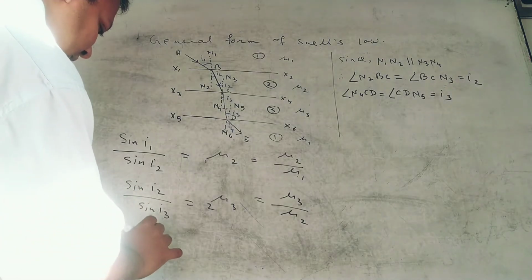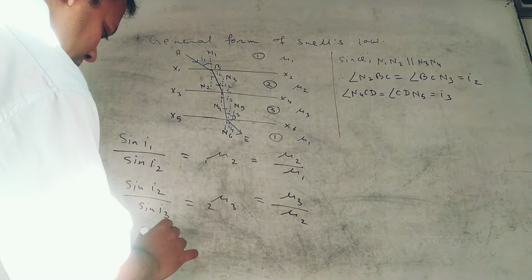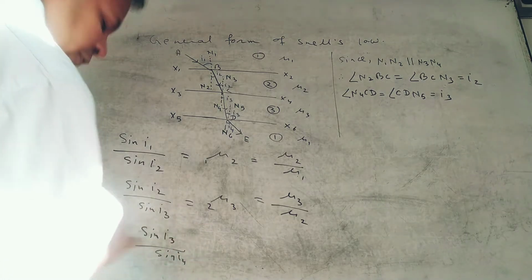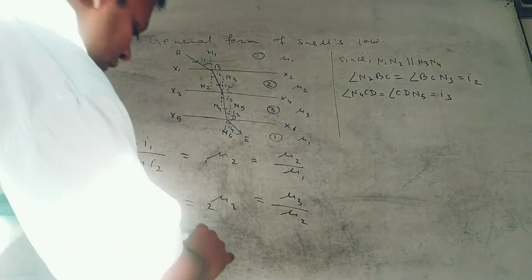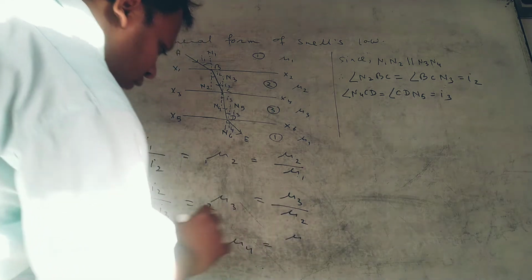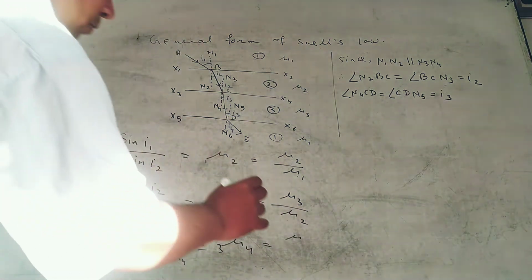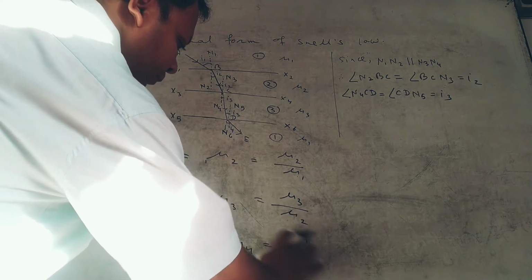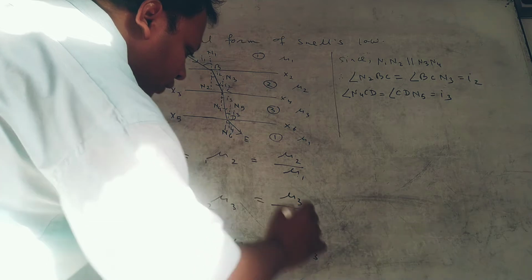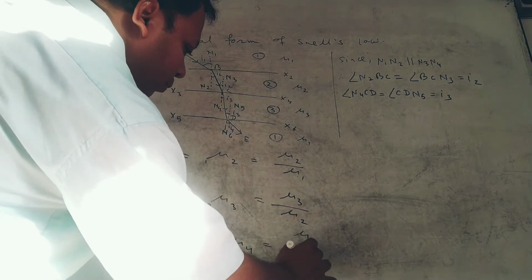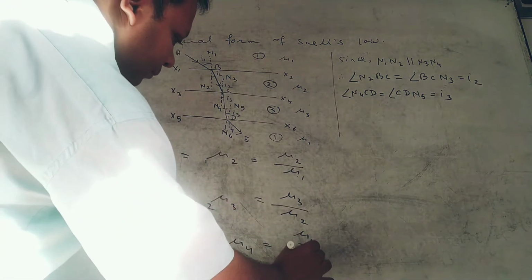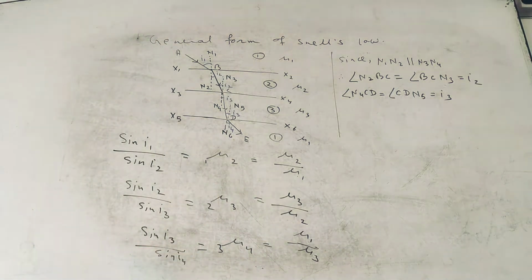Similarly, sin I3 by sin I4 is equal to mu 3 to 4, which is equal to mu1 by mu3, because mu4 and mu1 are the same.